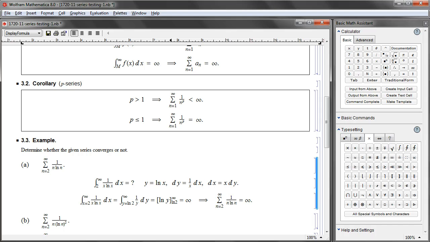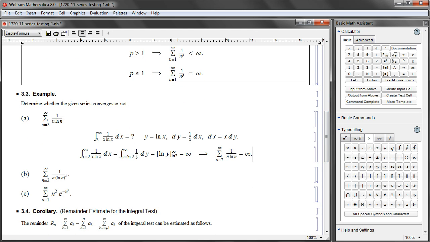Here we go, y as log of x and dy is 1 over x dx, and then rewrite this integral, and this y integral shows up, we have 1 over y. So the antiderivative is log of y, and we have infinity. So what does it tell me? Well, the series diverges too.